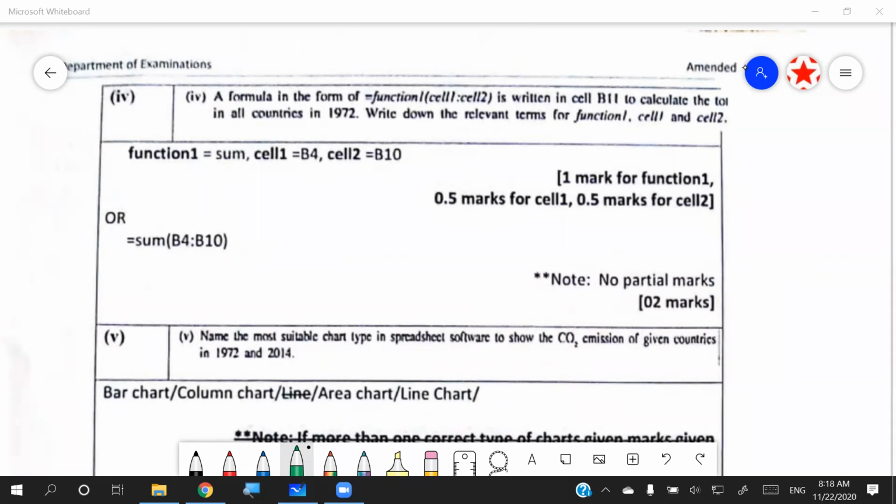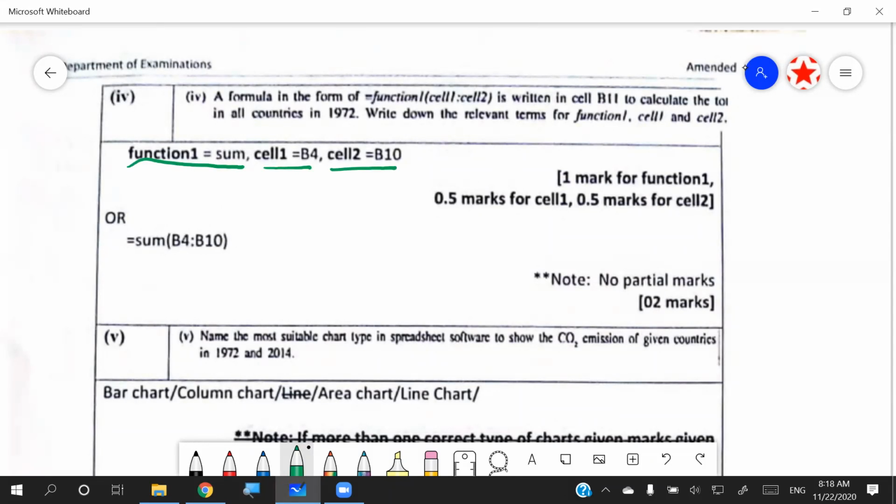So it should be like equals SUM(B4:B10) because they are asking for the 1972 total. Or else you can say it like this: function is SUM, cell 1 is B4, cell 2 is B10. Still you are having the marks.